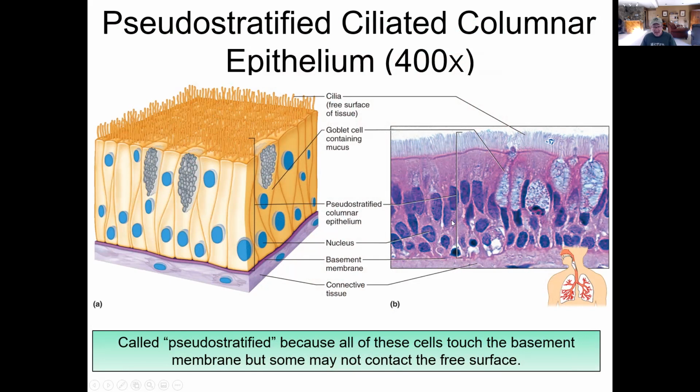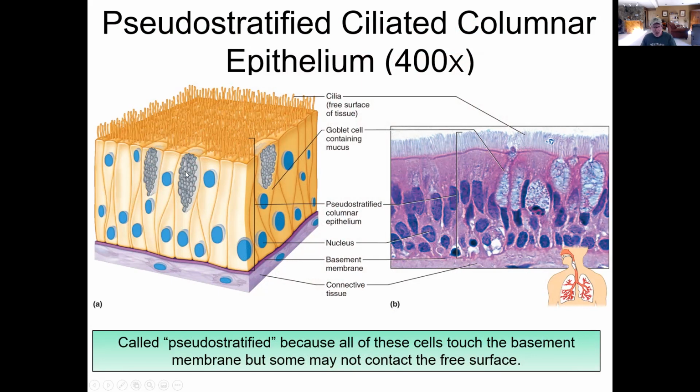When you look at this histologic section on the right, you might get the impression, based upon the position of the nuclei, that this has more than one layer of cells. I can certainly see why most people would think that, because you have some nuclei down here near the basement membrane, and then some that are mid to high in the cell, closer to the free surface. So it gives the impression of at least two layers.